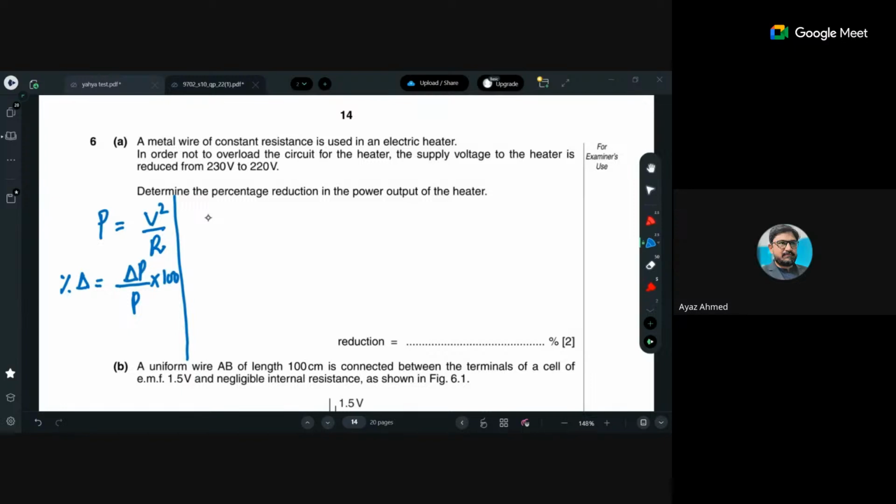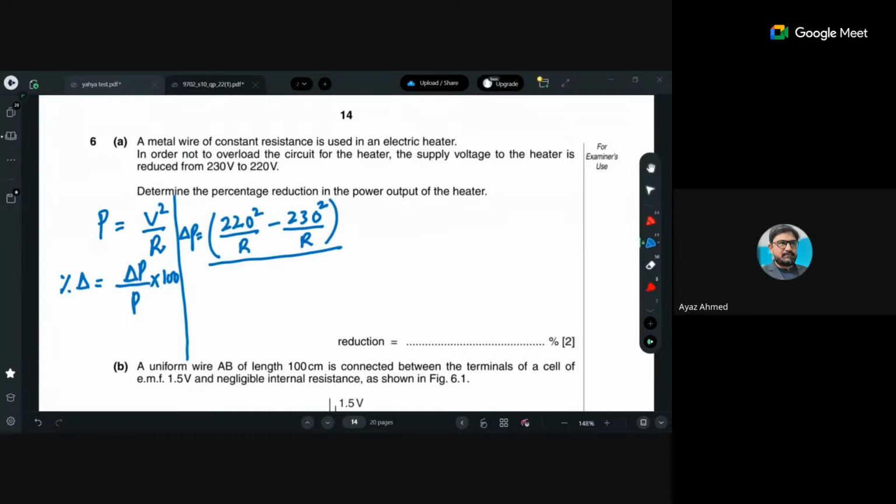So here I go, that is 230 to 220. The variation will be 220 whole square divided by R minus 230 whole square divided by R. This is basically the upper value, your change in power, and then divided by the original power.